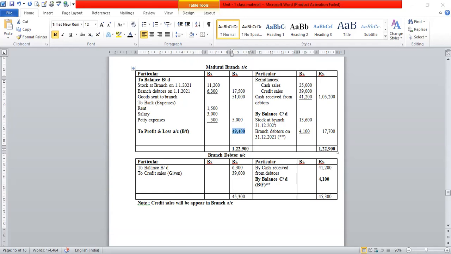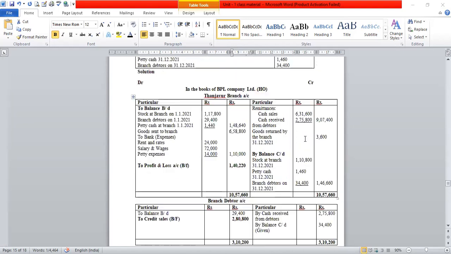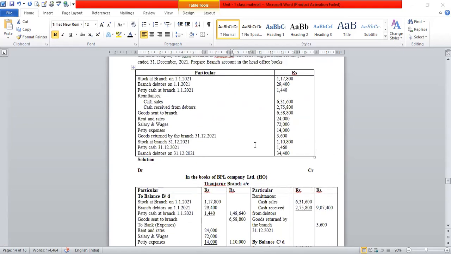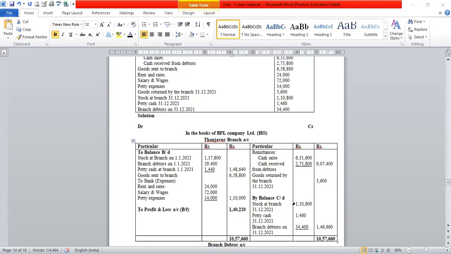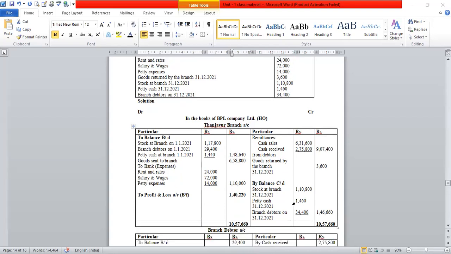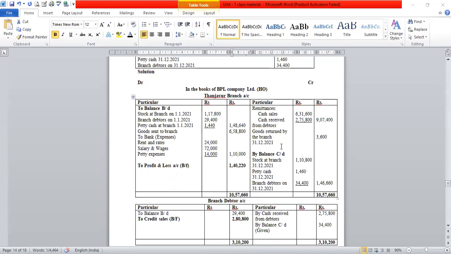For a recap, I will do this. Just go through it from the top. So the problems and their ledgers. Debit side: opening balances and expenditures. Credit side: remittances and the closing balances. In this problem, we identified the branch debtors account for the credit sale, but it should not be entered in the head office book and the branch account details.